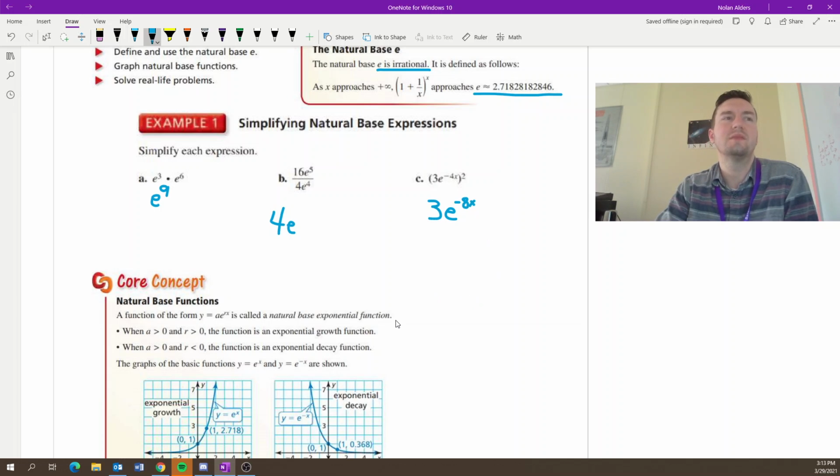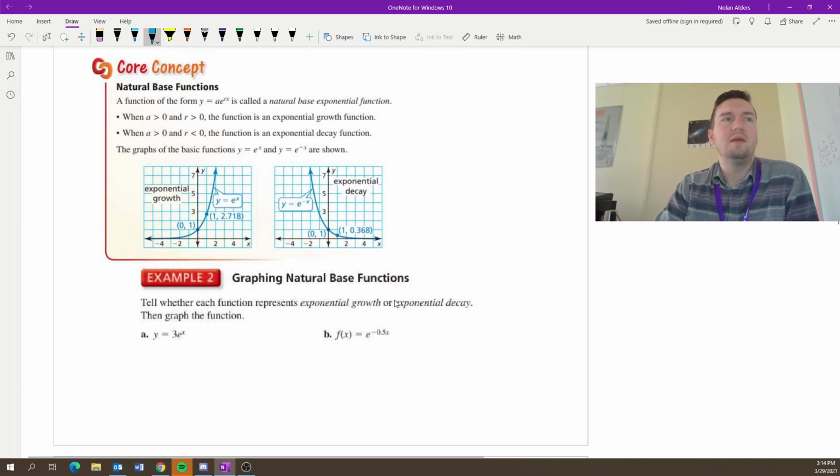Okay. We use e for exponential functions, so we can either have exponential growth or exponential decay. We get exponential growth when the exponent is positive. So if we have a positive exponent, something greater than 0, then we'll have exponential growth.